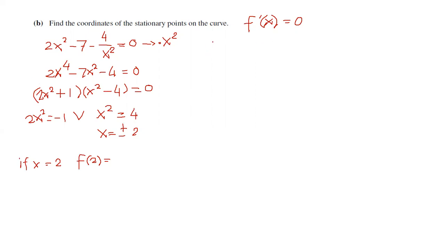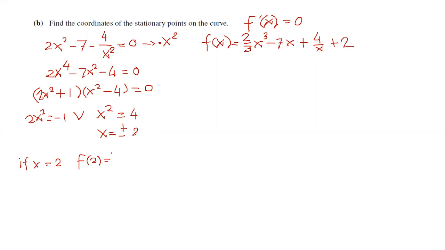Recall that f(x) equals 2/3 x cubed minus 7x, okay, plus 4 over x plus 2, because c equals 2.